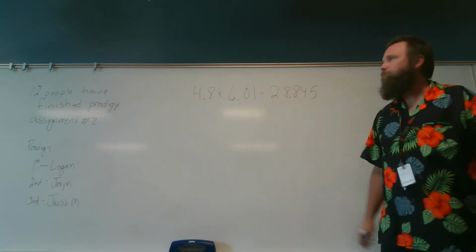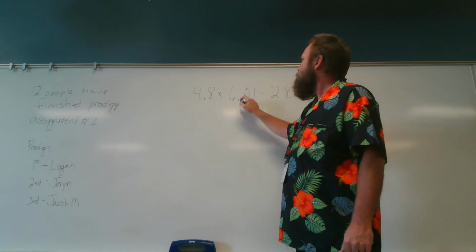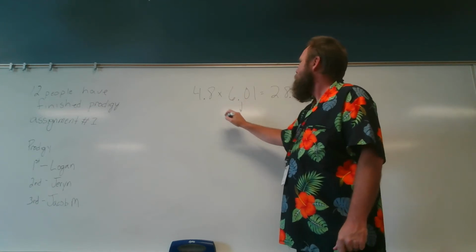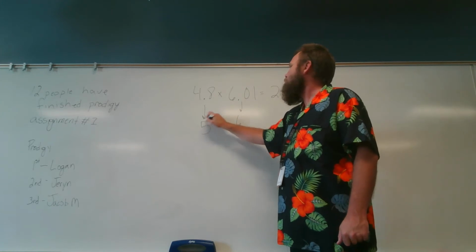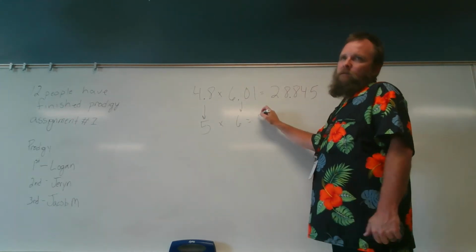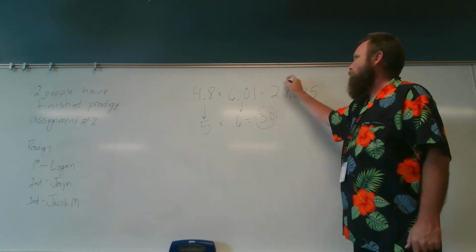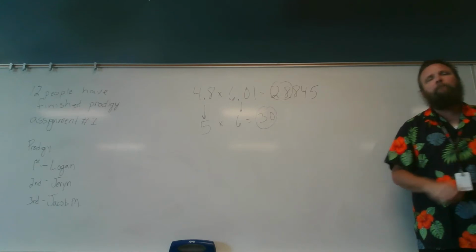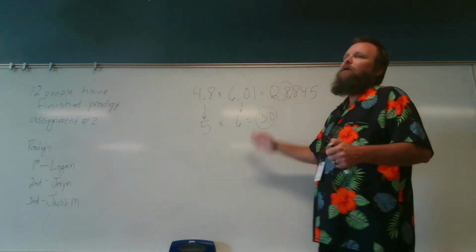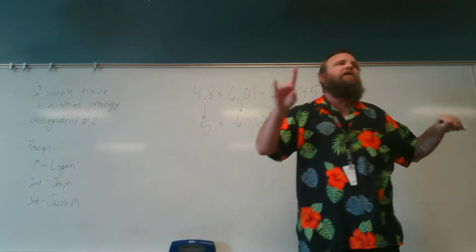Because 6 times 4 is 28. So you rounded this to 6, and you rounded this to what? 5. And 6 times 5 is 30. And 30 is close to 28. Are you sure it's not close to 288? I'm sure it's not close to 288. So that's using estimation to tell us where to place the decimal point.